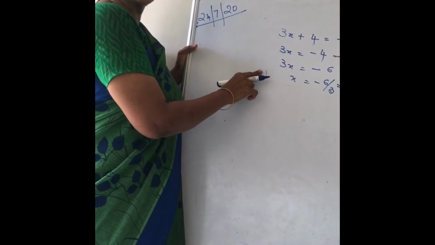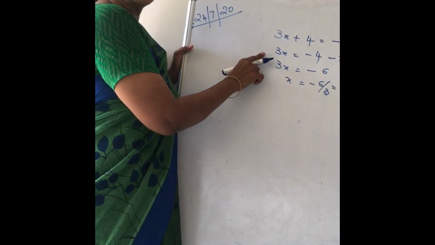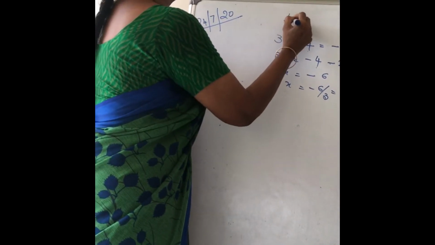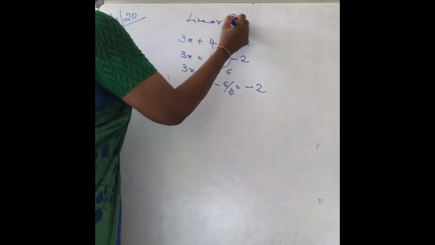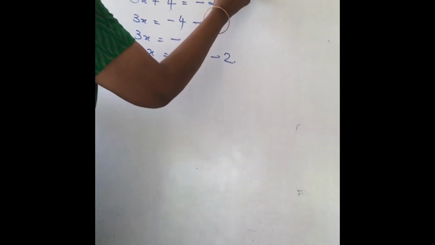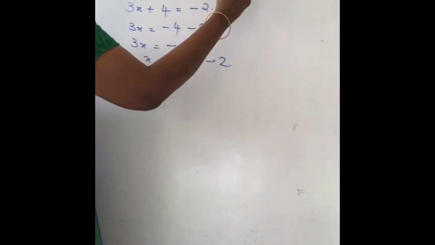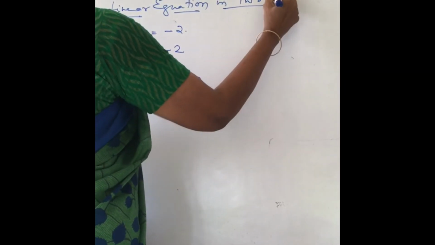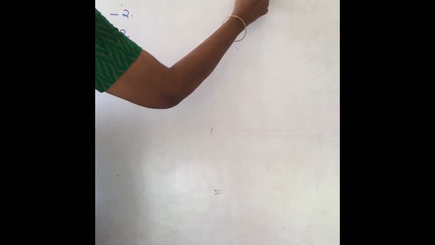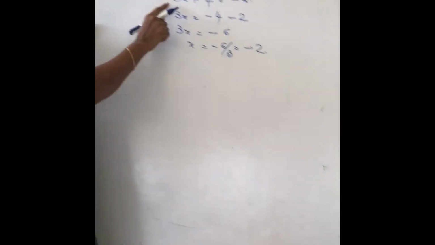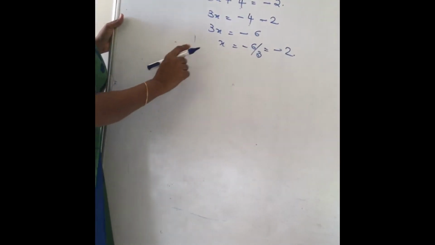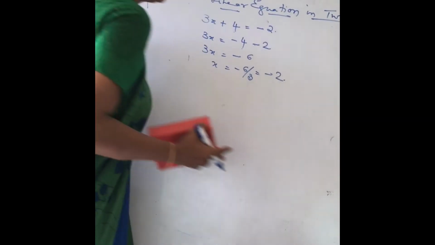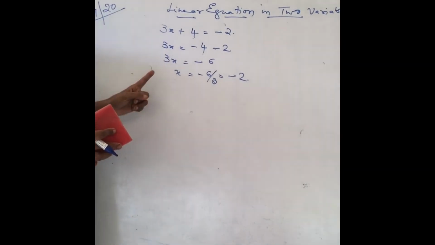But this year, you are going to learn linear equation in two variables. The chapter for you for this year is linear equation in two variables. Yes, a linear equation in one unknown will have only one solution.